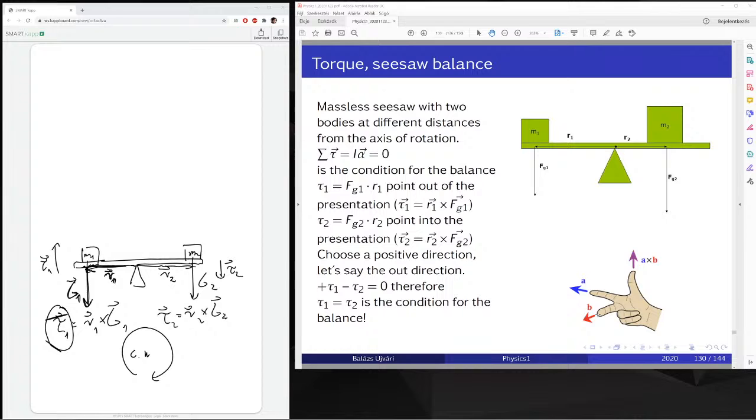In that case, this finger will point towards you. So it comes out, it's perpendicular to the plane. So this is the tau 1, comes from the plane of the table to you, and the other goes behind the screen, behind the table. So these are the tau 1, tau 2.